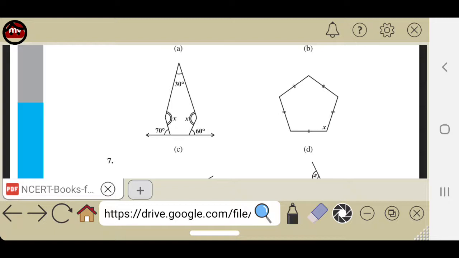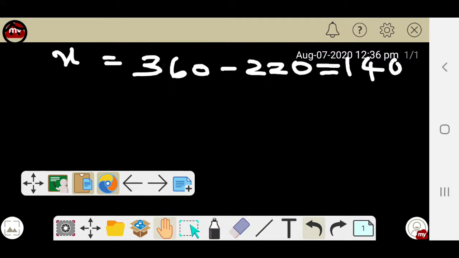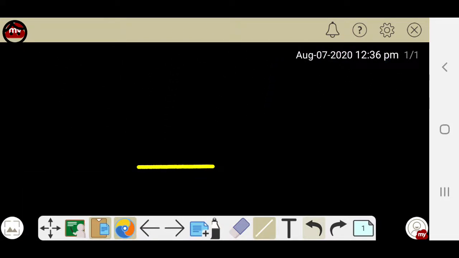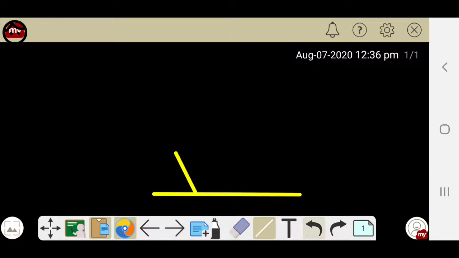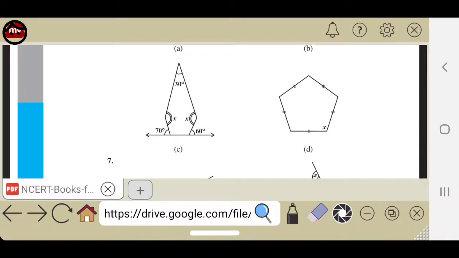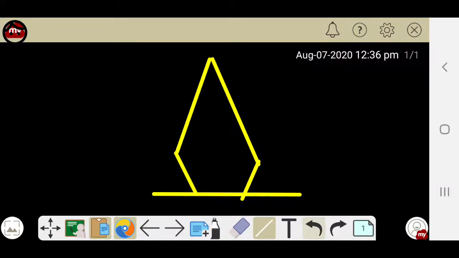It is a pentagon. The measurements are x, 30, 70 and 60.